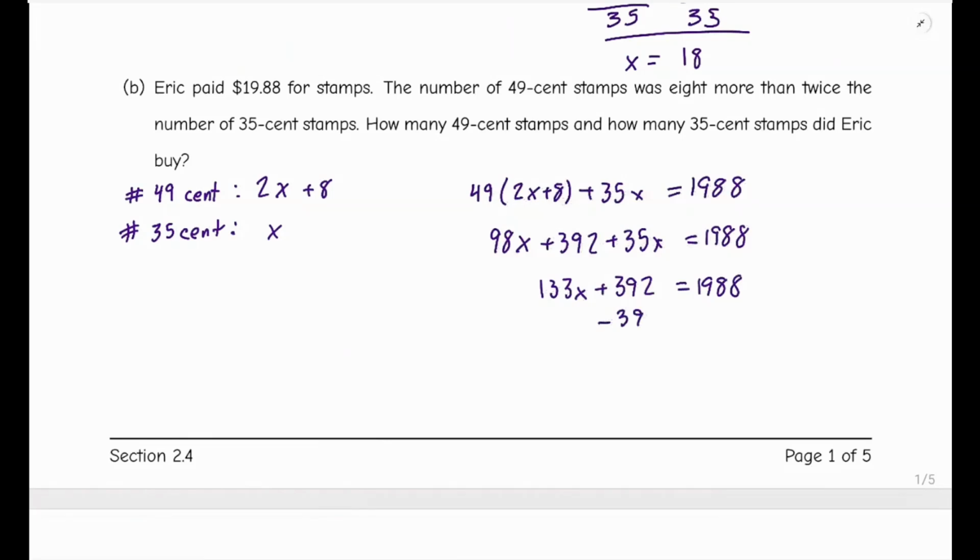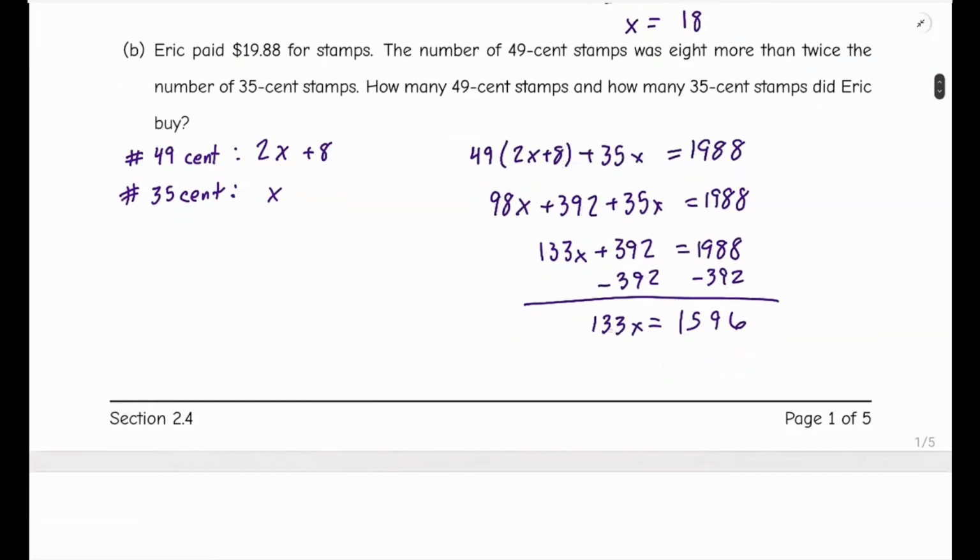Subtract 392 from both sides. Get 133x equals 1596. Divide by 133 on both sides. And we get x equals 12.